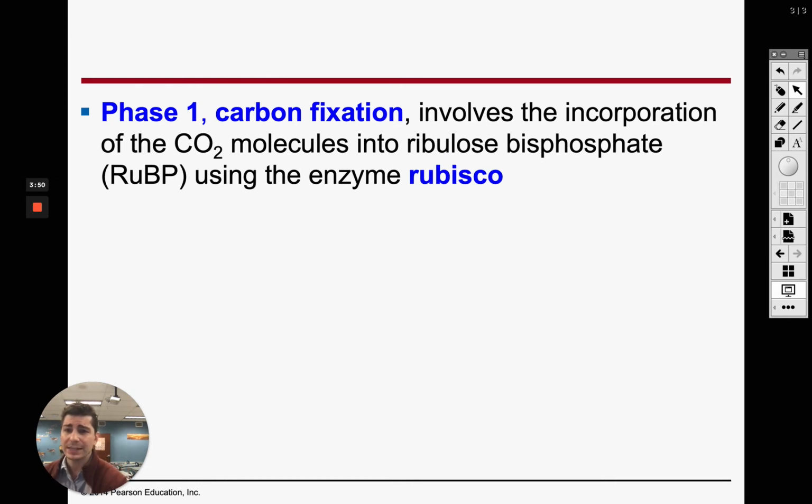Our first phase is going to be carbon fixation, where we bring in our CO2, use it, and combine it with something called RuBP. RuBP is ribulose 1,5-bisphosphate, meaning we have ribulose, and attached to each side we are going to have phosphates. And ribulose is going to have 5 carbons. So once we combine it with our carbon dioxide, we are going to get 6.